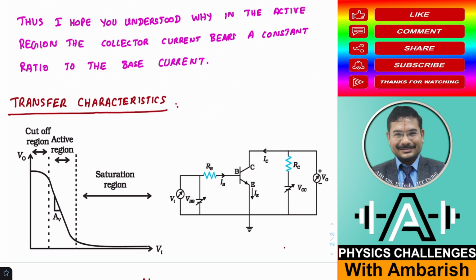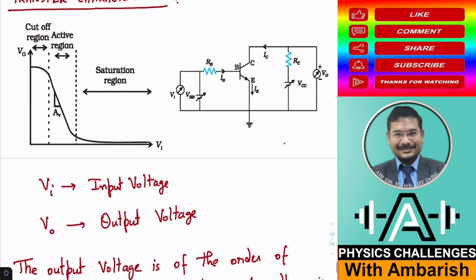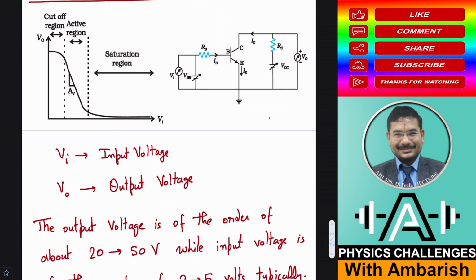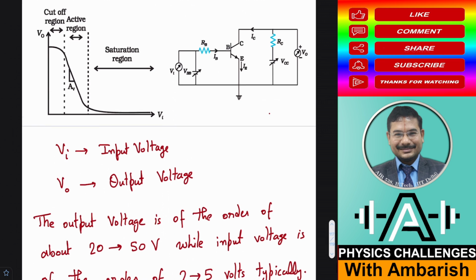So when you change the input voltage, the output voltage will also change. And now I am interested in finding out the behavior between the input voltage and the output voltage. Typically the biasing battery on the output side will be somewhere around 20 volts to 50 volts, of the order of 20 to 50 volts, while the input voltage will be of the order of 2 to 5 volts.